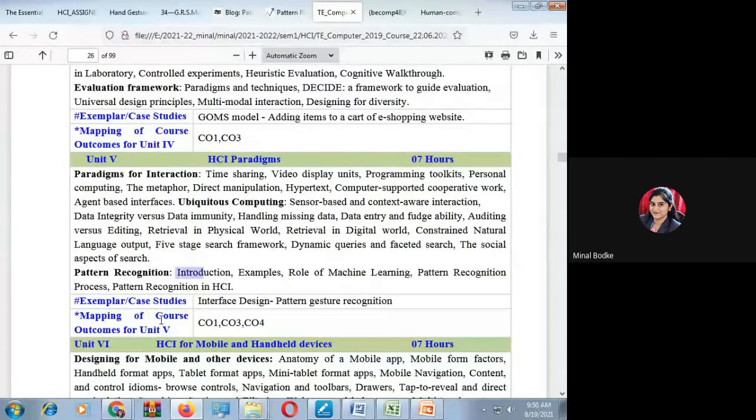You have to write your observations and improvements. This case study you have to do on an individual basis.